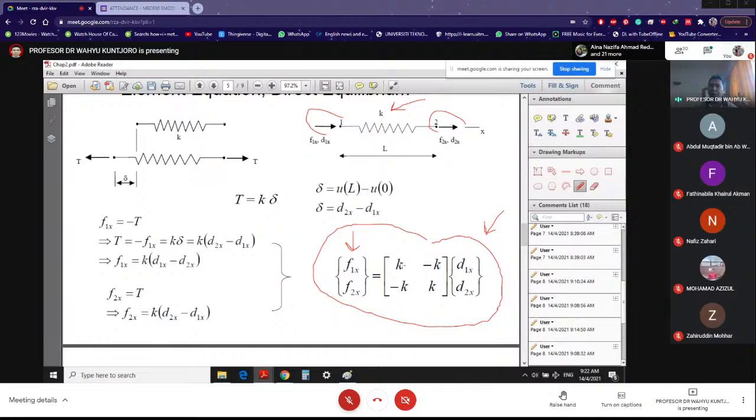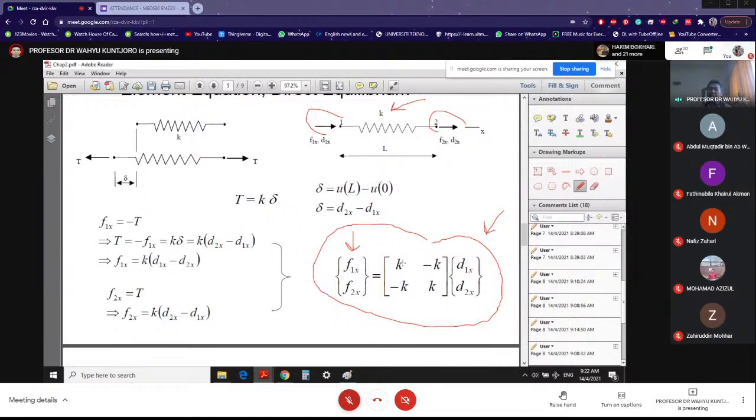And now we will go to a structure that is probably more meaningful to you. I'm not saying that spring structure is not realistic, but probably bar structure is more common, okay? So now let's talk about the theory of bar structures.